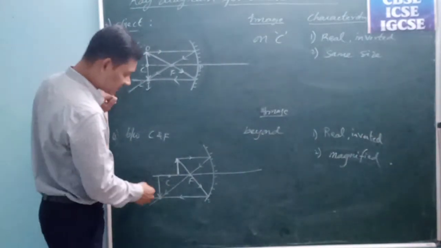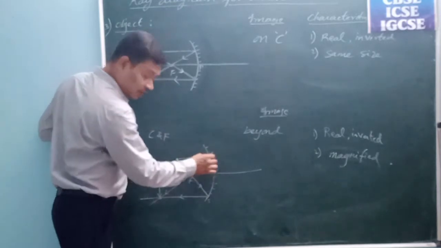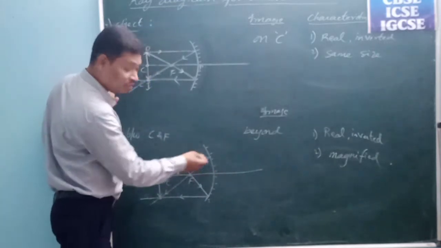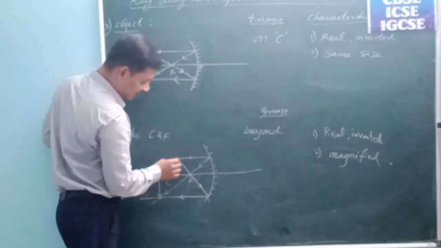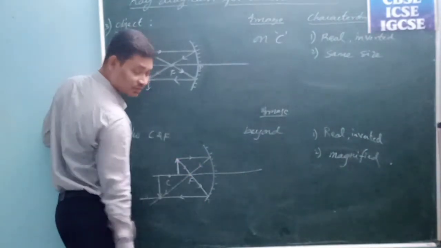In this case, the same situation again, we take two light rays. One is parallel to the principal axis, and the second light ray should pass through the focus.